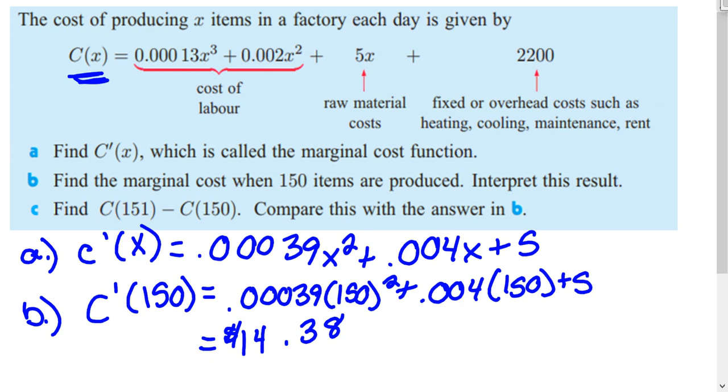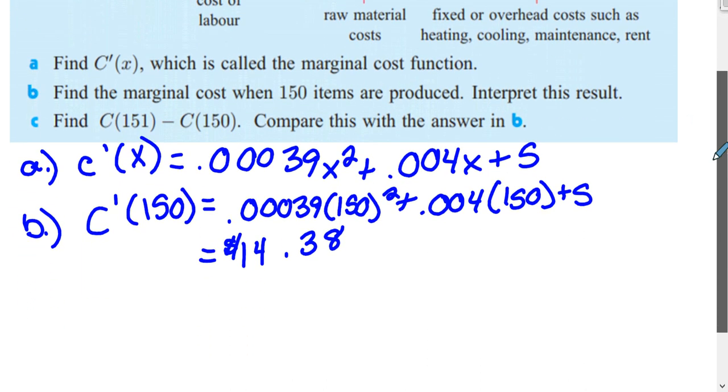So to bring that full circle, let's calculate C of 151. So now we're going to go back to our original cost equation, and we're going to calculate C of 151, and we're going to calculate C of 150. And then we're going to subtract the two.